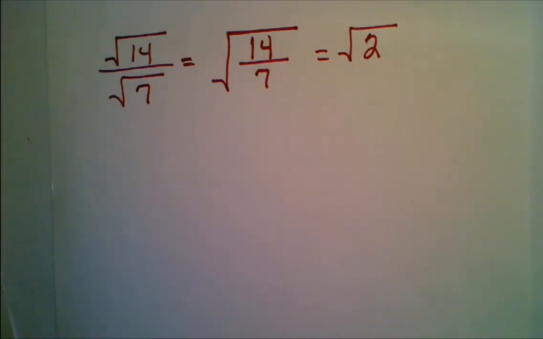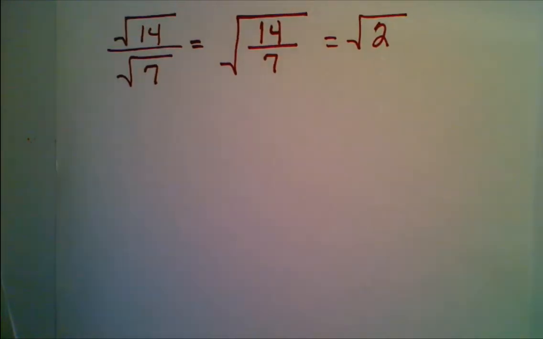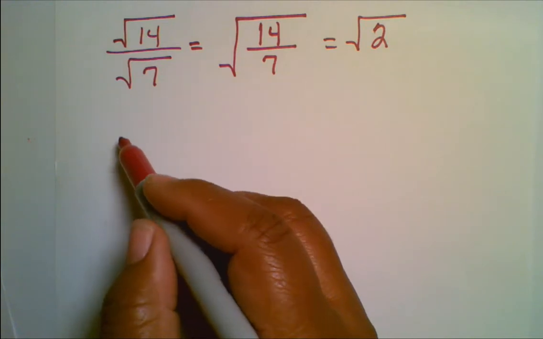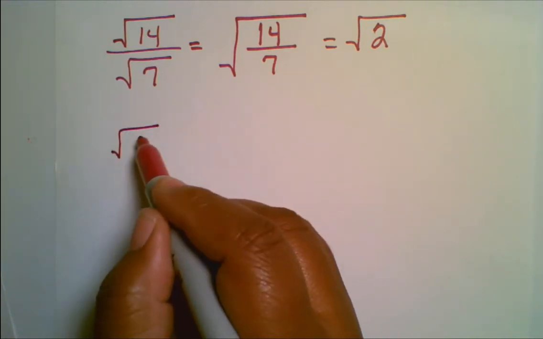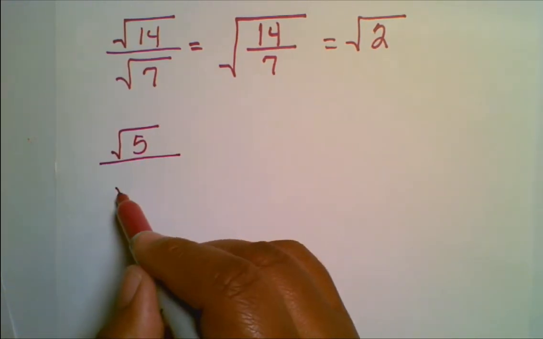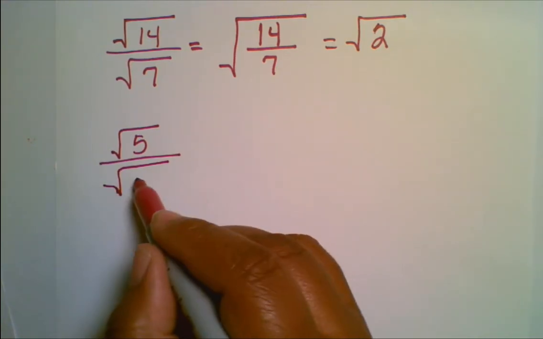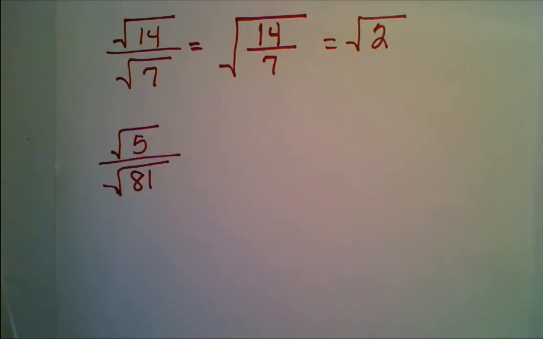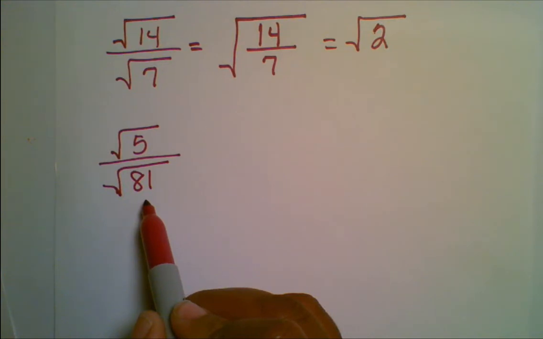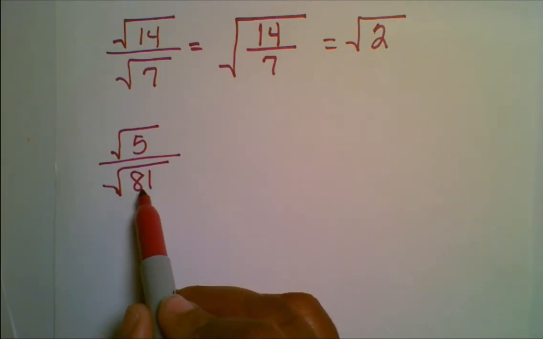Another type of question we were working with, we had something maybe like the square root of 5 over the square root of 81. Let me just backtrack for a second.